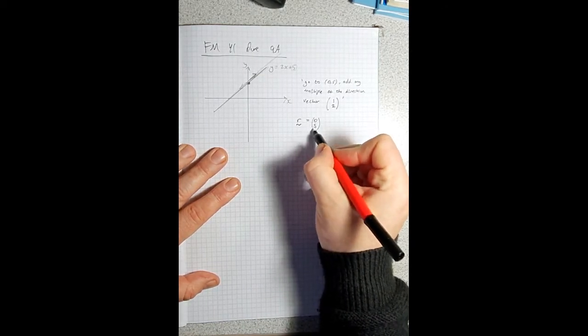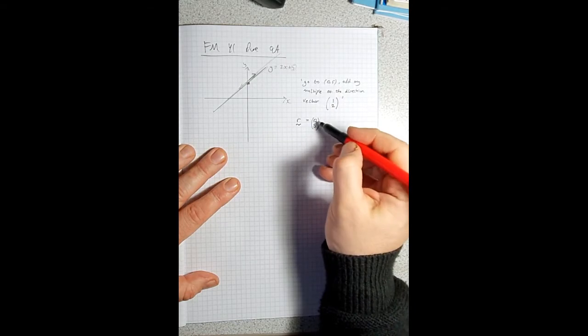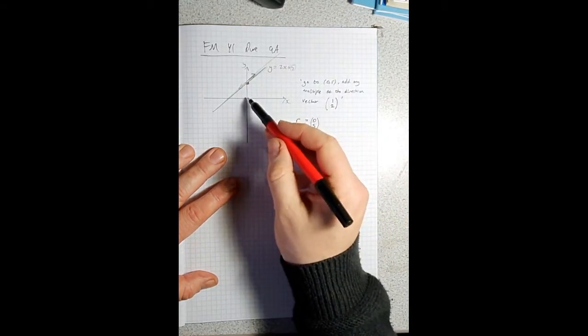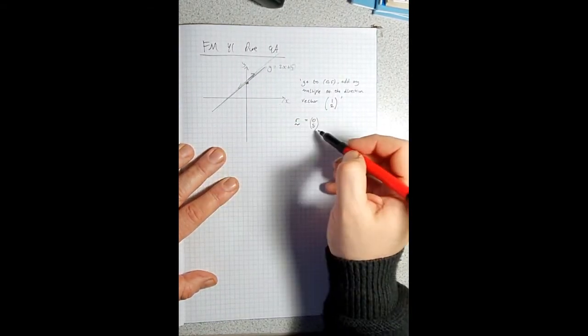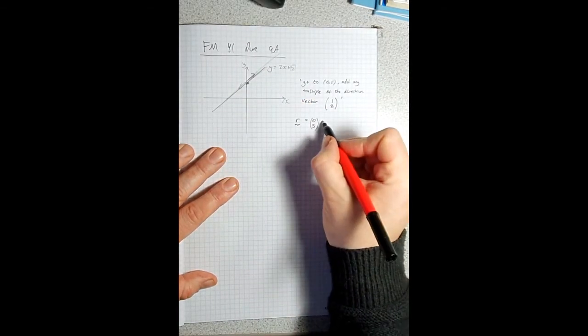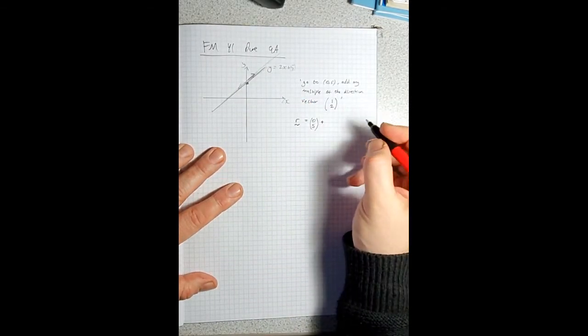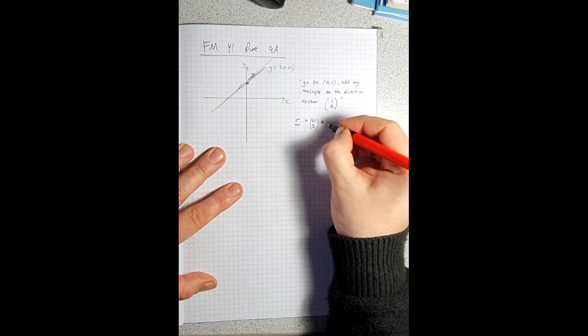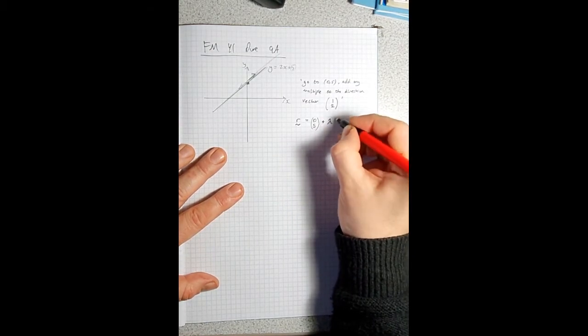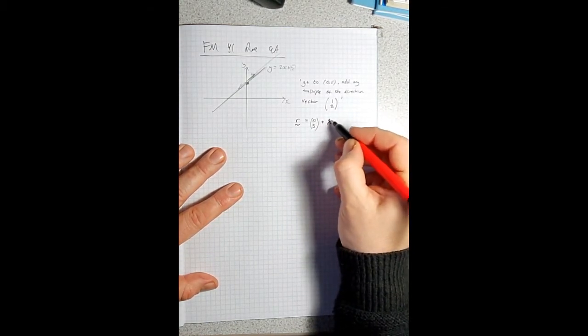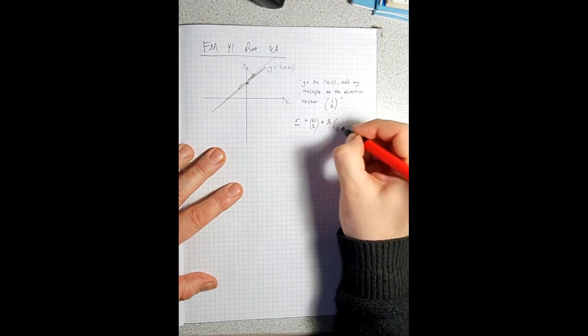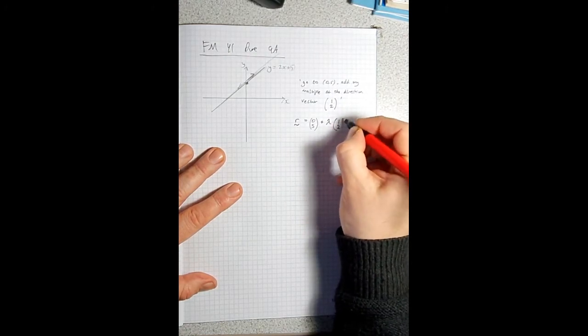Now that's just writing the coordinates as a vector. It means from the origin go 0 in the x direction, and 5 in the y direction. And adding on, and I'm going to use the Greek letter lambda, a multiple, any multiple, of the vector 1, 2.